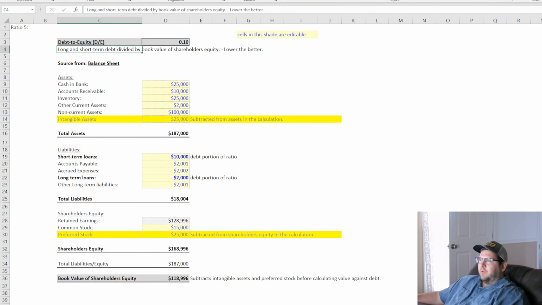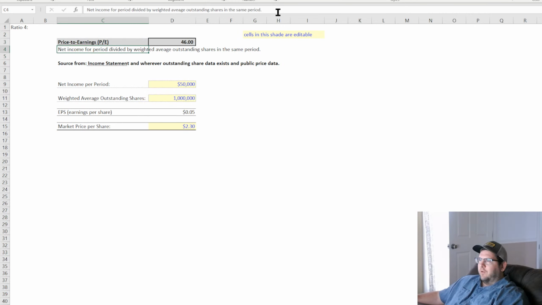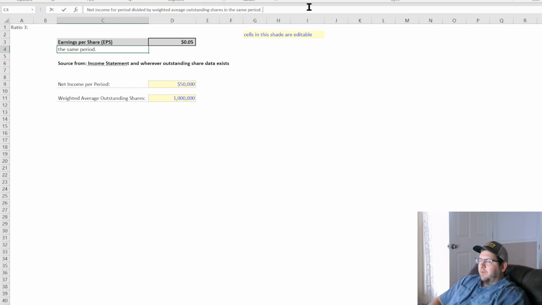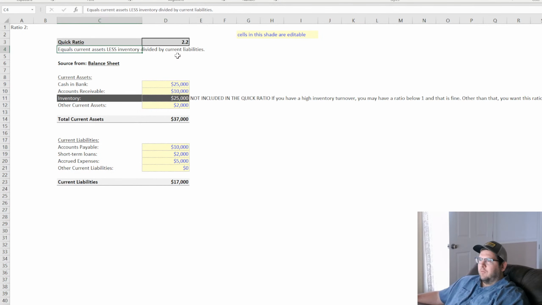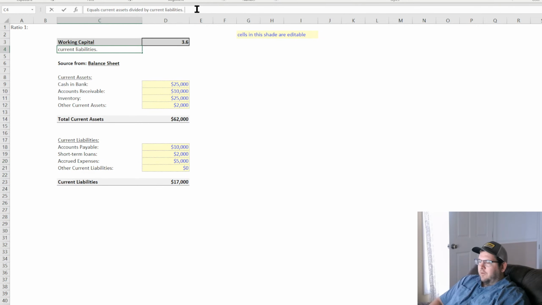Higher is better, lower is better on this one. I'm just changing it to, lower is better. Price to earnings is subjective. Earnings per share, higher is better. Quick ratio. Higher is better. Right, because if this is like 100 million, yeah, that means you've got more assets compared to liabilities. And higher is better here.